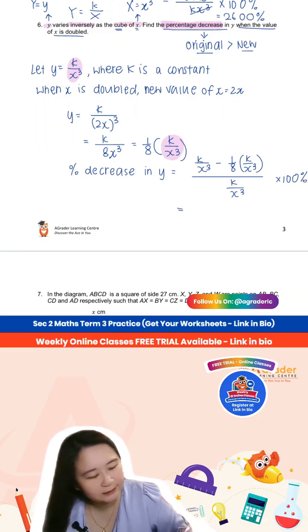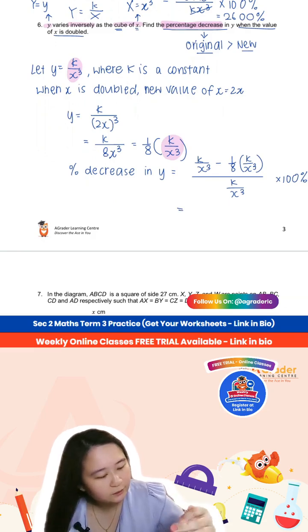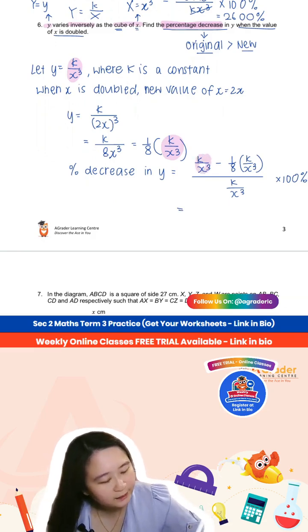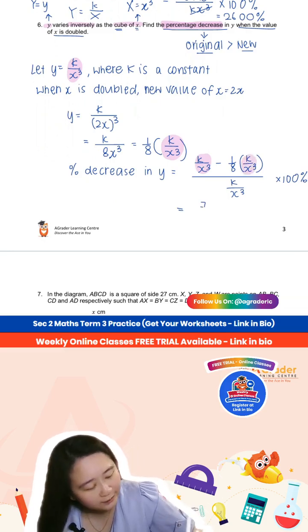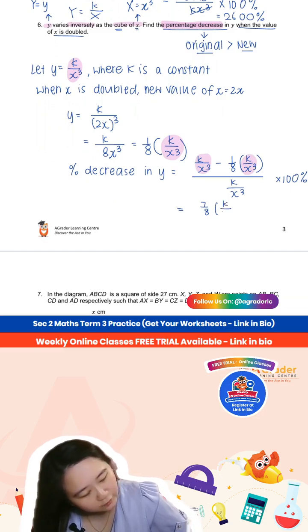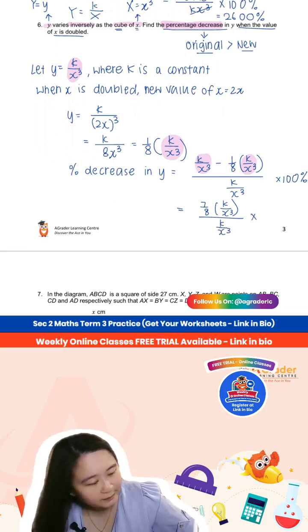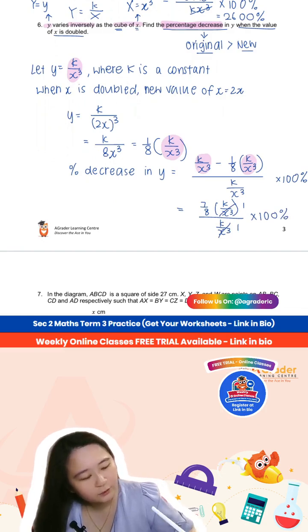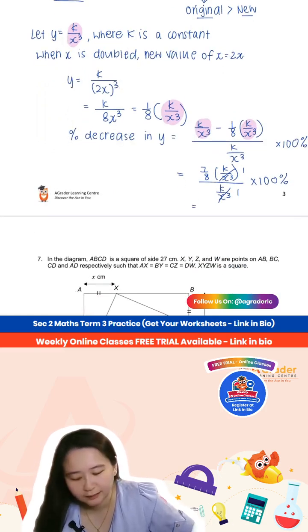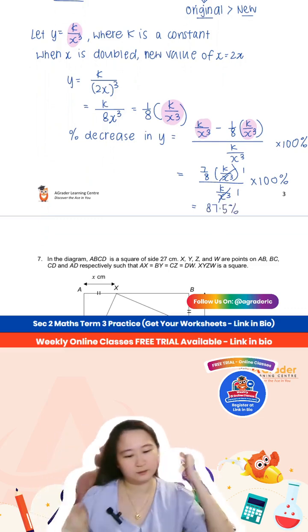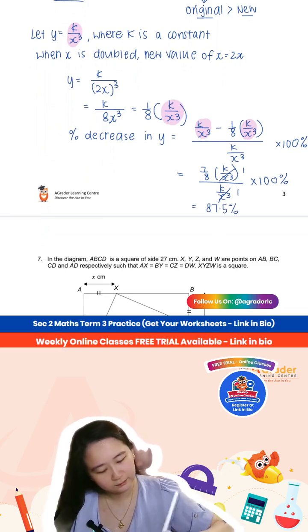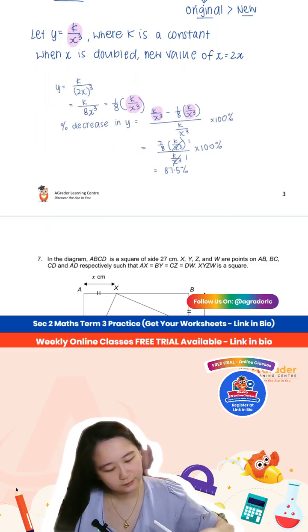Times 100%. Okay, so the like terms here is k over x cubed. So 1 whole minus 1 over 8, we have 7 over 8 k over x cubed, and then divide by k over x cubed times 100%. Cancel, cancel. So we have 7 over 8 times 100%, which will give us 87.5%. Can you all see?